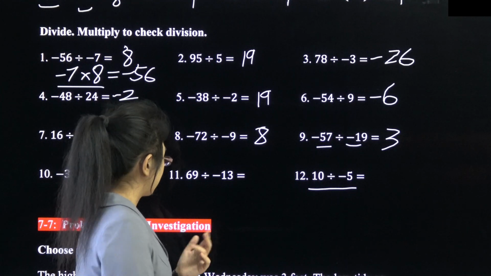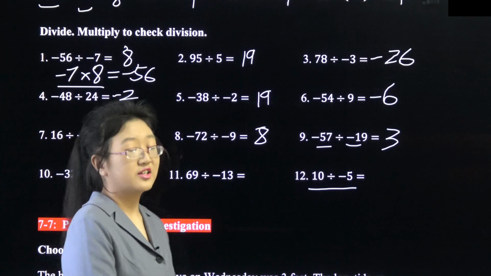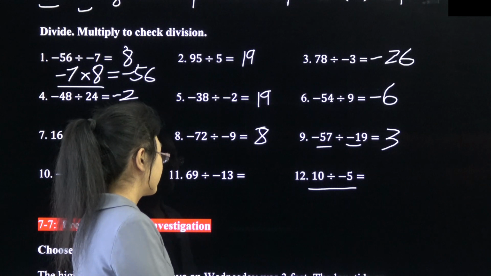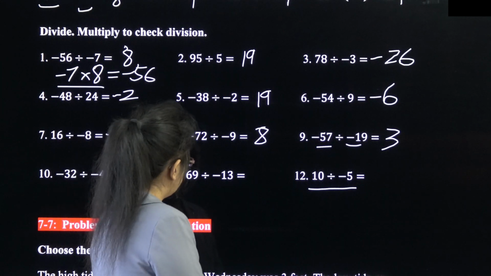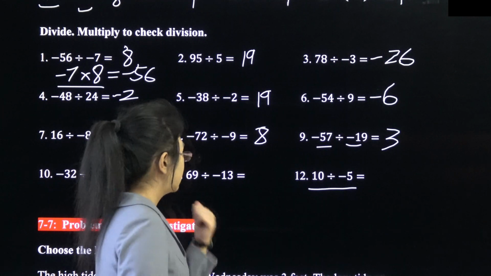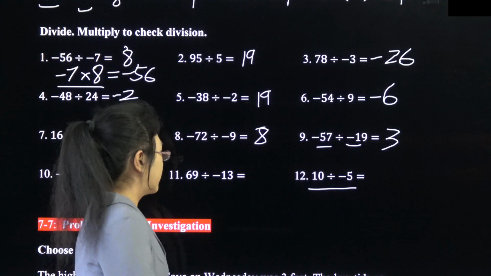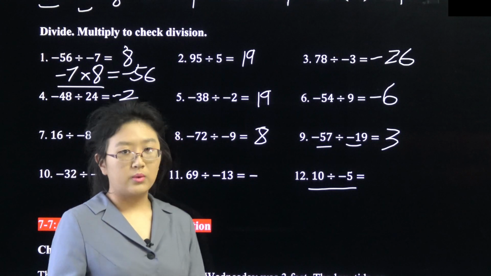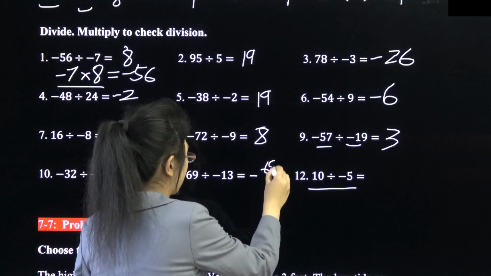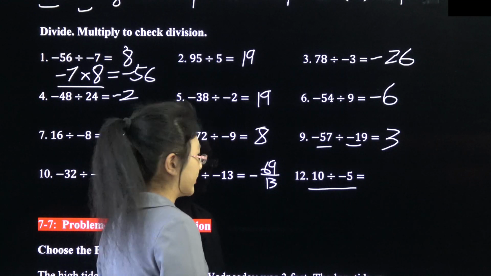69 divided by negative 13. Now this isn't actually divisible. At least it doesn't divide into an integer. So the signs are different, so it's going to end up as negative, and the solution is just going to end up as negative 69 over 13, which really doesn't divide out.